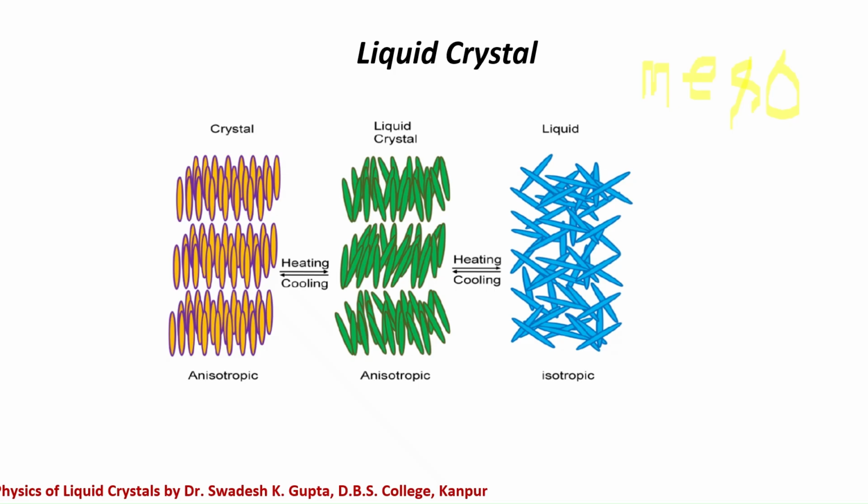Now these LC molecules are normally constituted by an aromatic ring attached to an aliphatic tail. Now what is an aromatic ring? You all have studied the benzene ring. That benzene structure is called an aromatic ring.